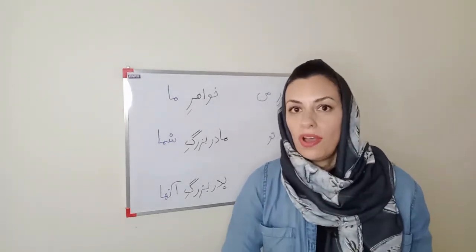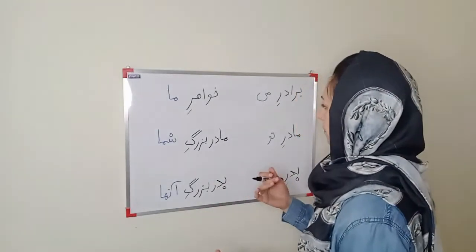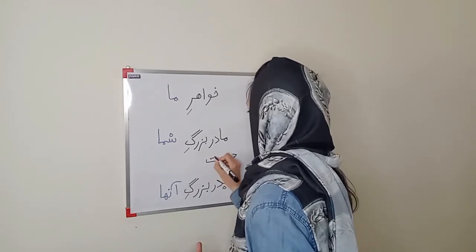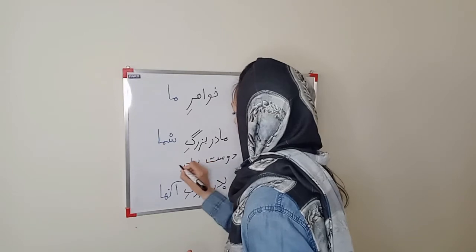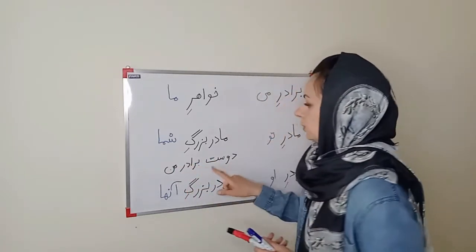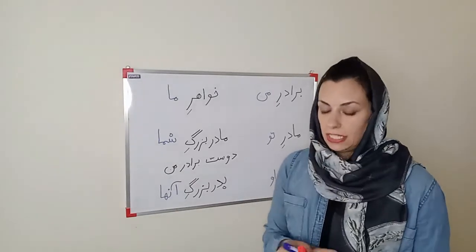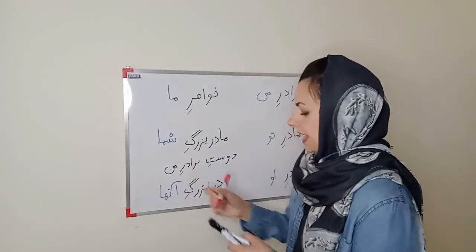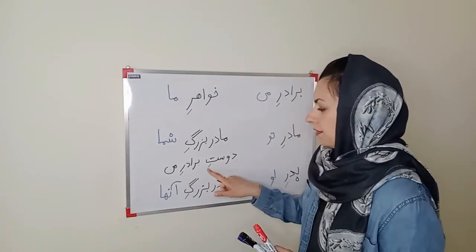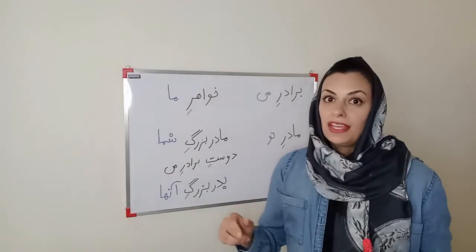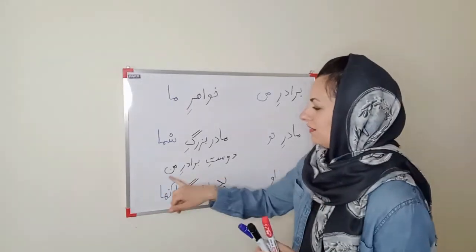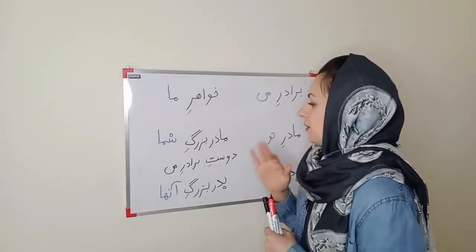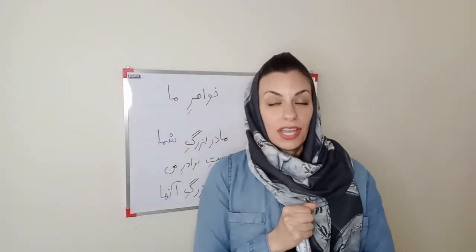If we have more than one person, for example, دوست برادر من, so دوست is friend. I would say دوست برادر من, the friend of the brother of me. So you're kind of working backwards in Persian. You can think of it as like my brother's friend, right? So this is one way that we form the possessive in Persian.